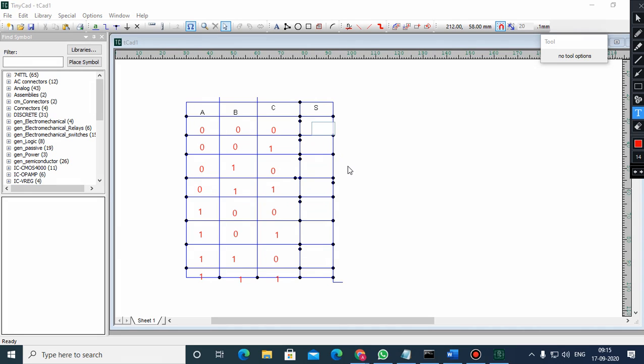So here we can write S0, as this is going to represent 0 here. This is S1, S2, S3, S4, S5, S6, and this one is S7.